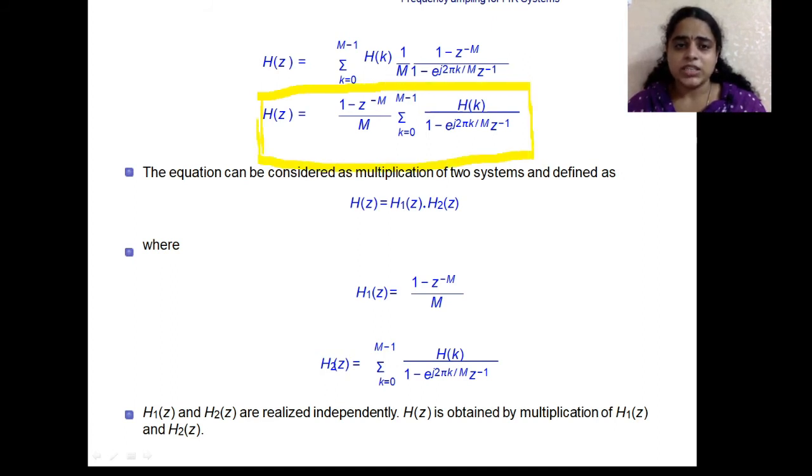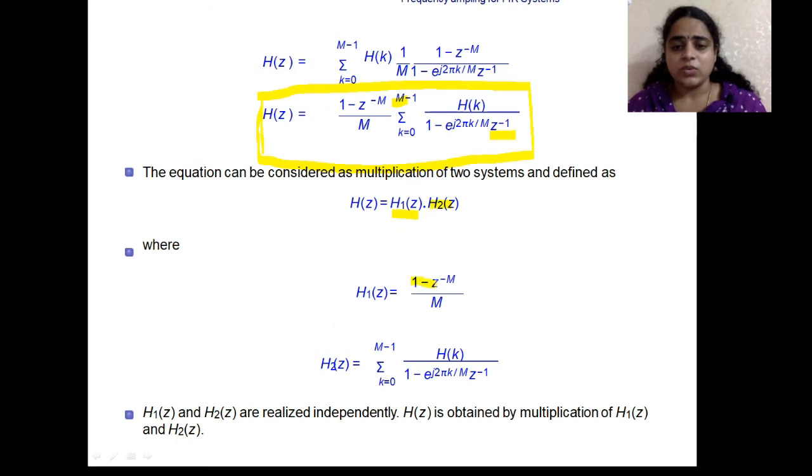H of z is equal to 1 minus z power minus M by M, summation k equal to 0 to M minus 1, h of k divided by 1 minus e power j 2 pi k by capital M into z power minus 1. So this can be realized in cascade form by taking H1 of z and H2 of z.